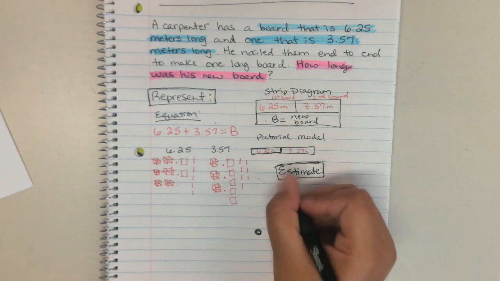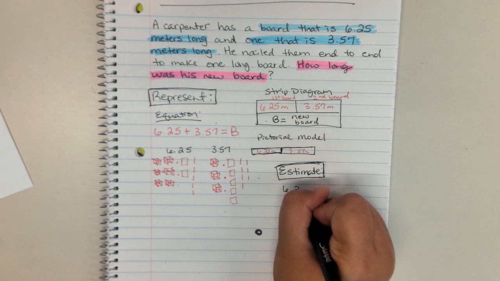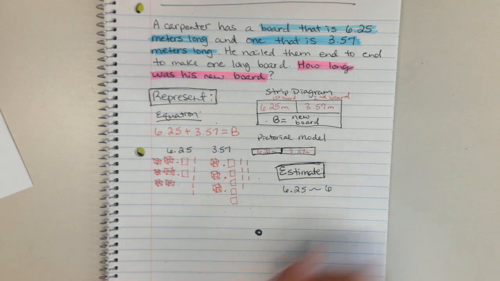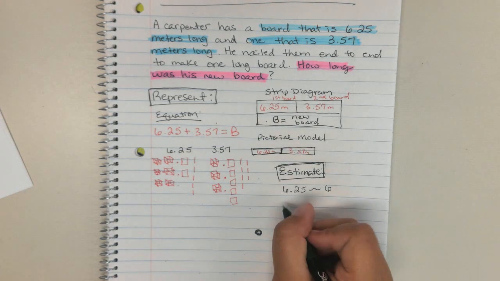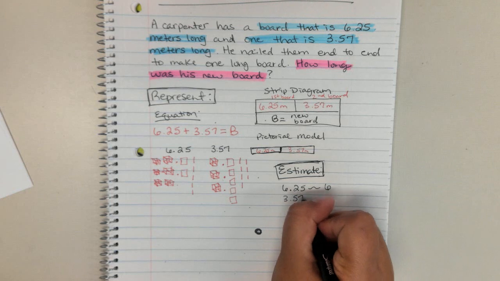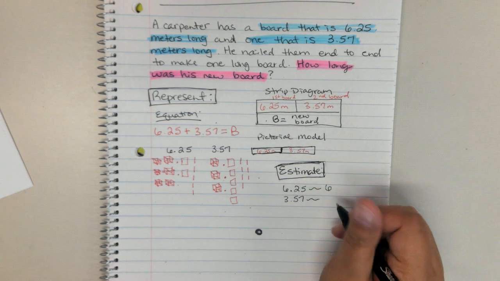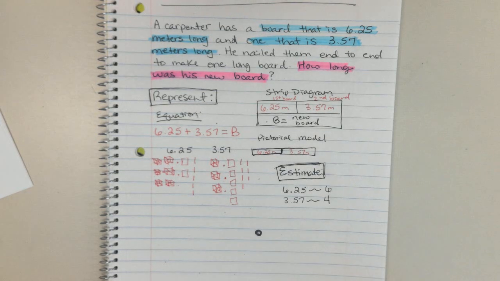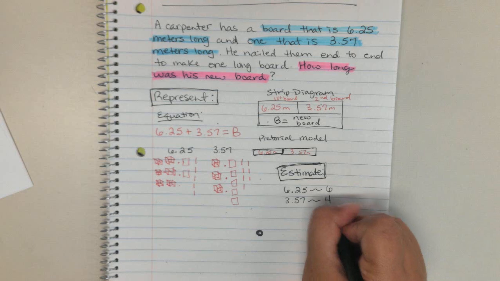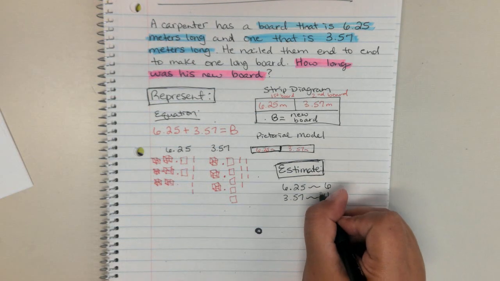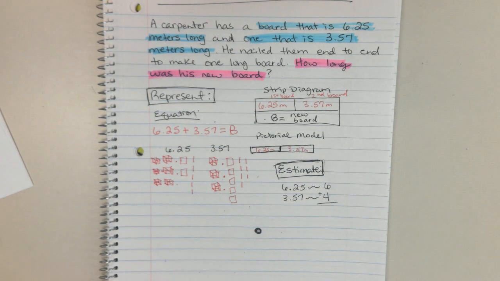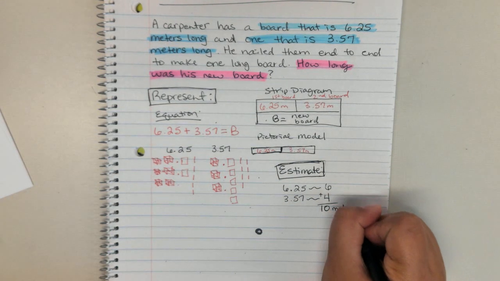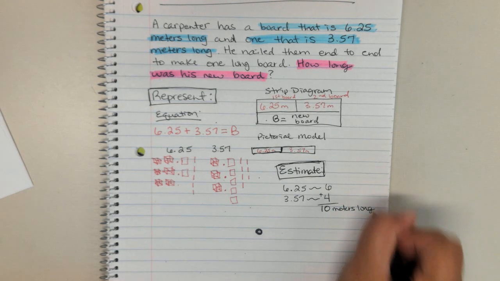So to estimate, I'm going to estimate 6.25 to the nearest whole number, and I'm going to estimate it to 6. I'm going to estimate 3 and 57/100ths to 4. So I know 6 plus 4 is 10, so therefore my estimation is 10 meters long. My answer should be around 10 meters long.